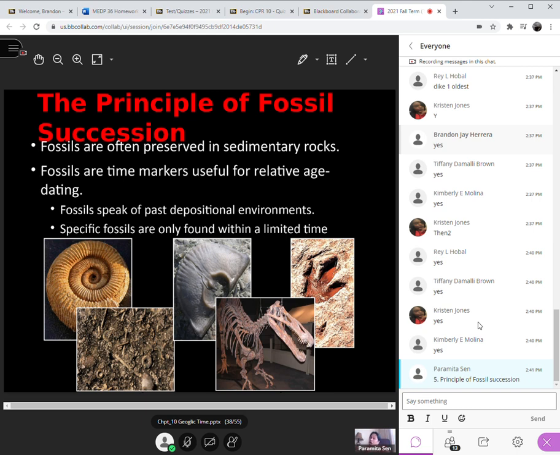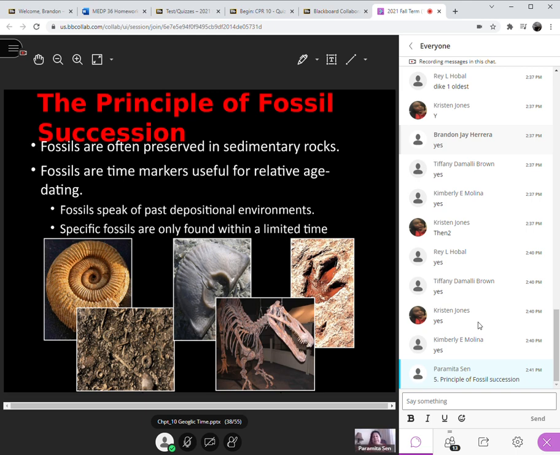So I save a lot of money and resources. I study a fossil, put it in the fossil chart and tell that this rock belongs to that era. Remember, fossils speak of past depositional environment, and specific fossils are found only at a particular time. If I find a dinosaur fossil, I cannot say the rock was formed yesterday because there was no dinosaur. I know this is the time it was formed because this dinosaur belongs to the Jurassic period.